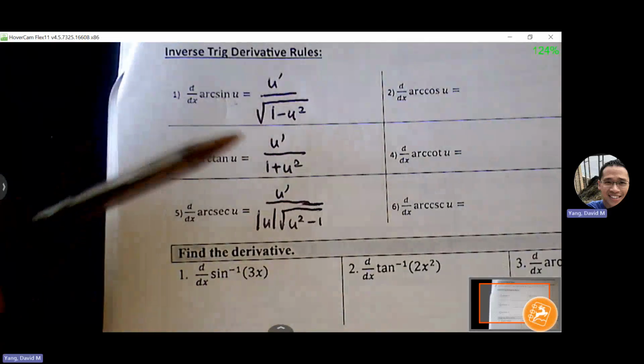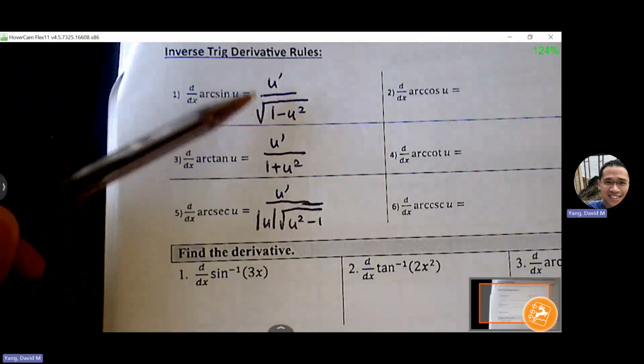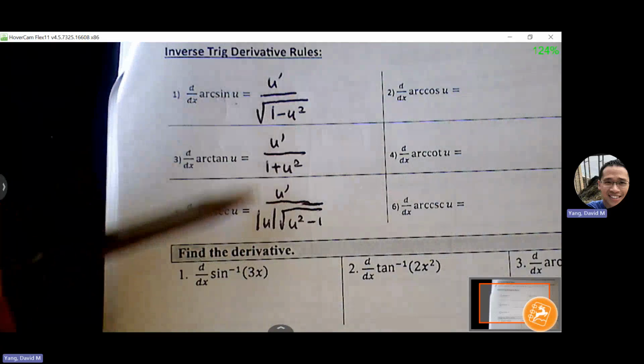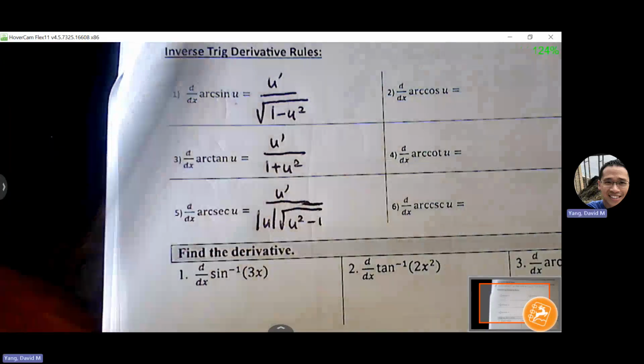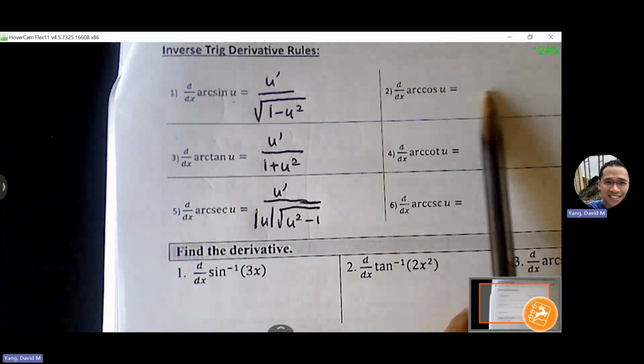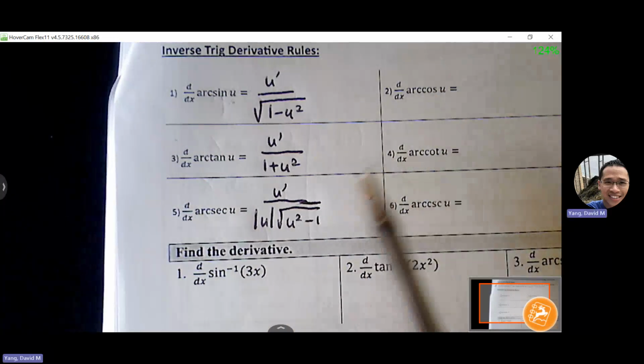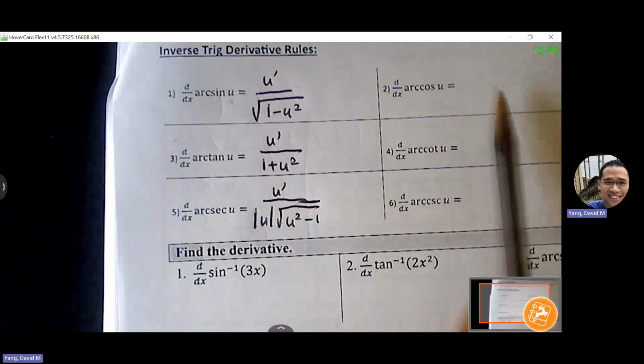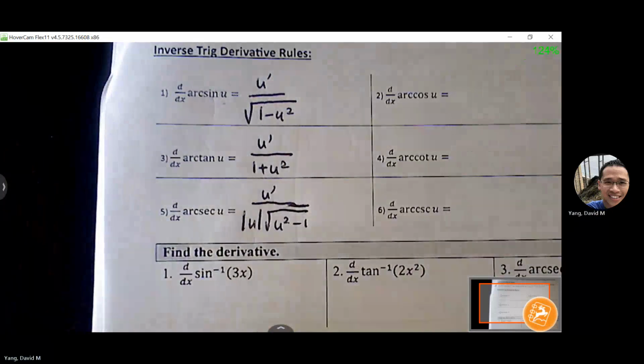Looks really complicated, but I want to go through how I memorize these in a bit. But for arc cosine, arc cotangent, arc cosecant, just copy exactly what you see to the left of them, and then just put a negative in front.